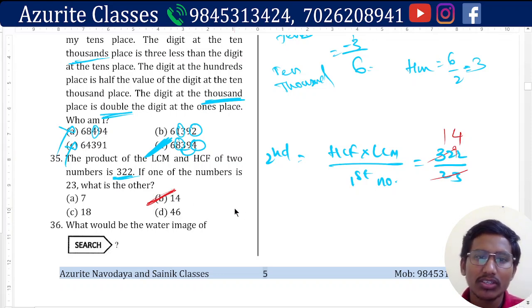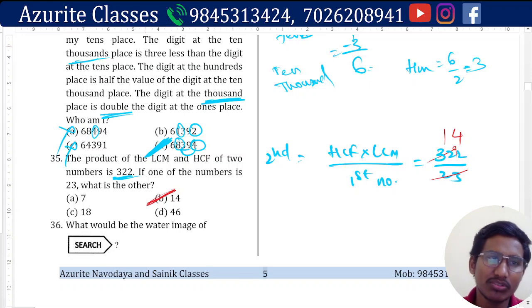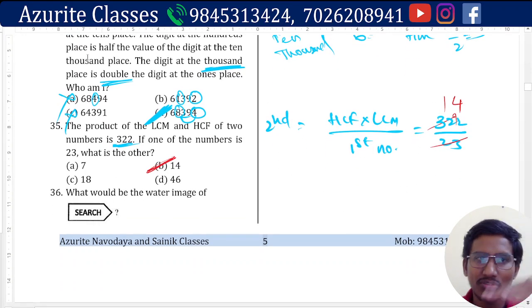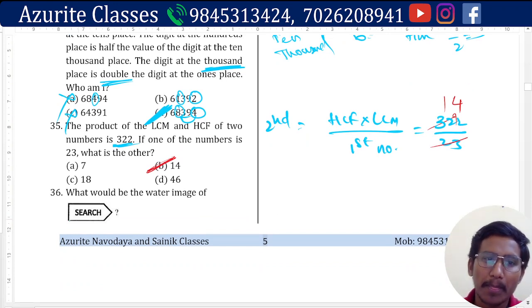Okay. Next, question 36. What is the water image of SEARCH? The water image will be below, so we have to form the mirror image below this. So the mirror will be at the bottom.